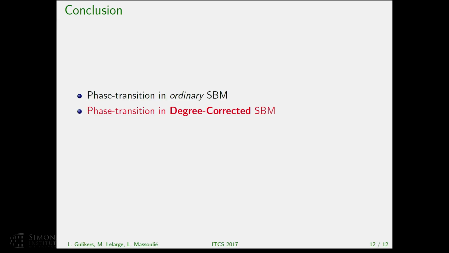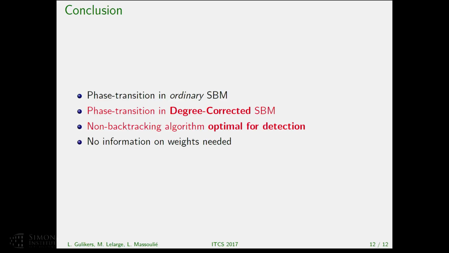So again, there is a phase transition, a regime where it's not possible to do community detection, but just outside this regime, the non-backtracking matrix succeeds again in detecting communities. Meaning that for those two models, the non-backtracking algorithm seems to be optimal for community detection. And it's interesting to note that the non-backtracking matrix does not need to know any information about the weights in our graph.